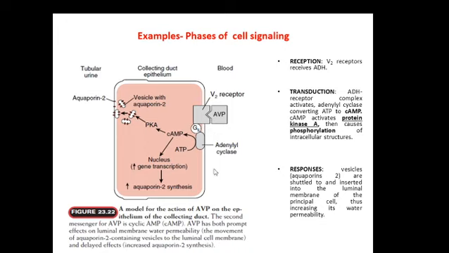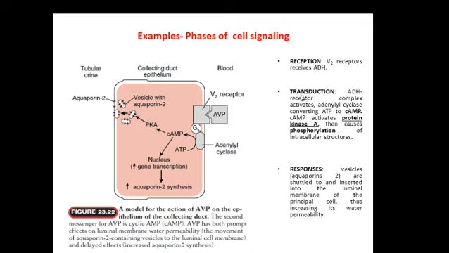Now we can give a specific example of antidiuretic hormone, also called AVP. AVP stands for arginine vasopressin. So we have this cell at the collecting duct epithelium found within the kidneys, the renal tubules. The first stage, reception: the V2 receptor receives the ADH.